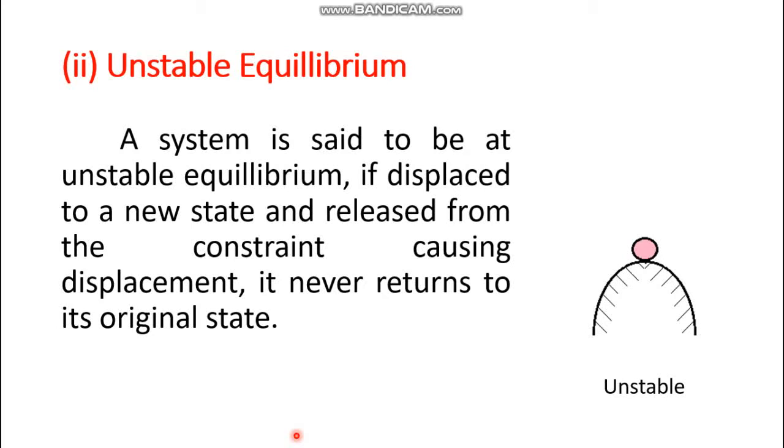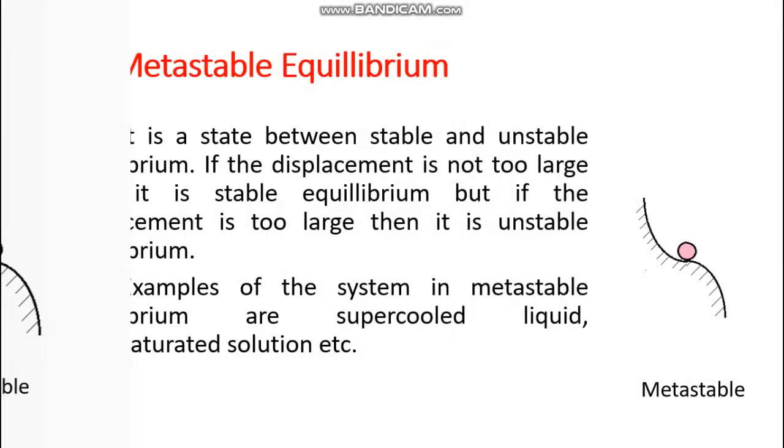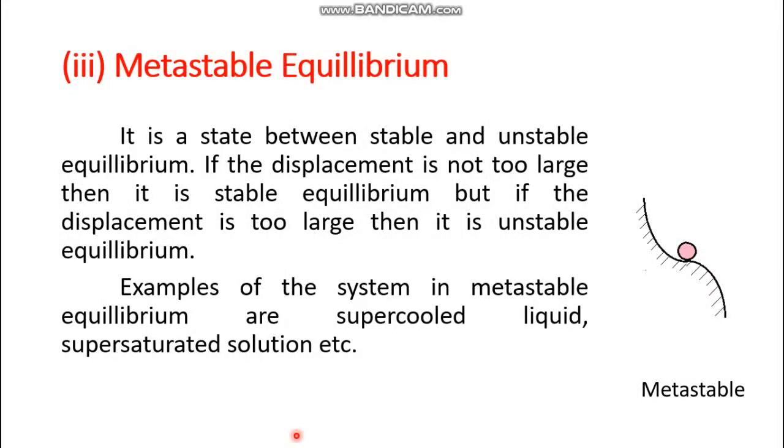But if the system is in between stable and unstable equilibrium, then it is called metastable equilibrium, and it can be compared with this picture where the ball is placed in the middle of a surface which has a chair-like structure.